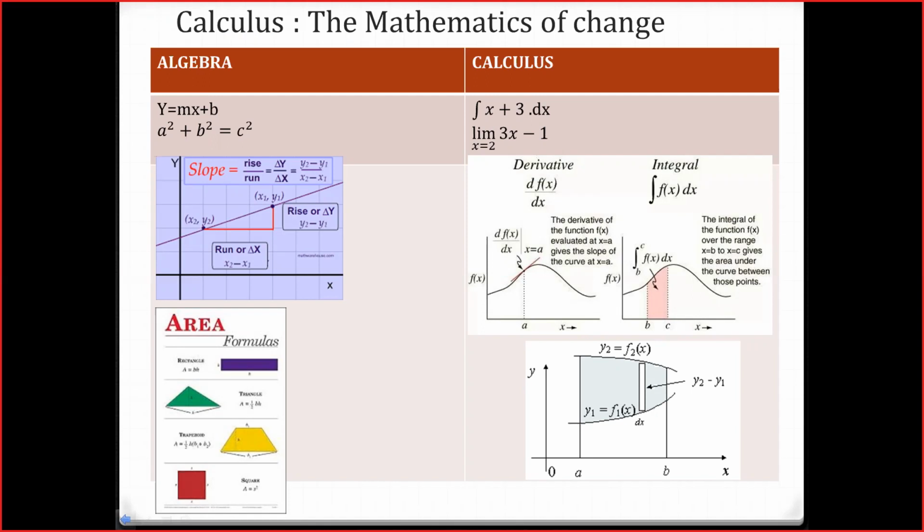But in calculus, you deal with complex shapes like this one. This is just an introduction. Calculus deals with change, not with direct or easy shapes, but with complex shapes.